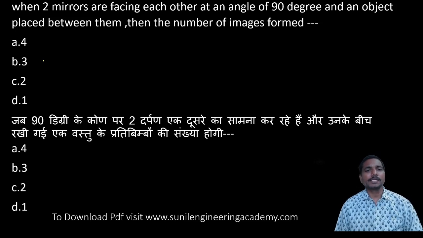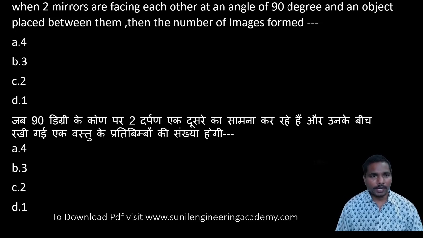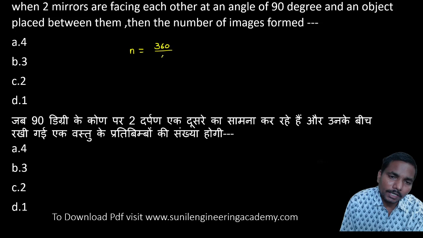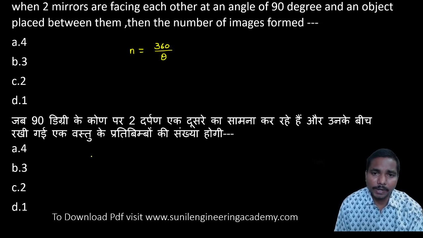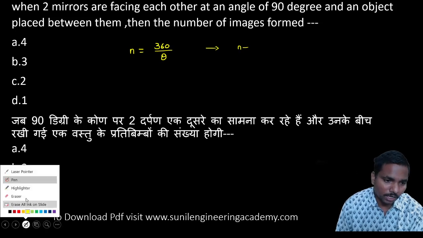When two mirrors are facing each other at an angle of 90 degrees and an object placed between them, the number of images formed will be dash. The number of images formed will be 360 by theta.